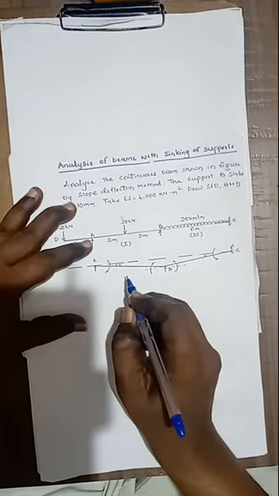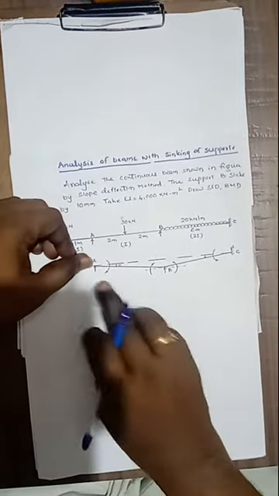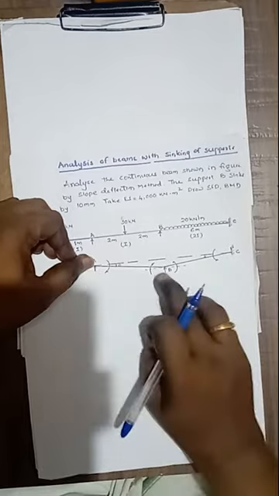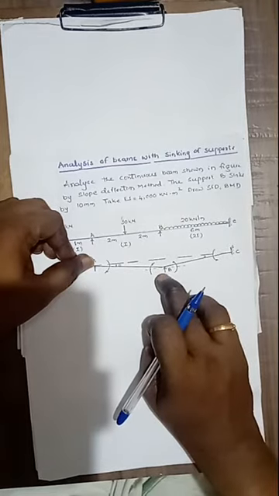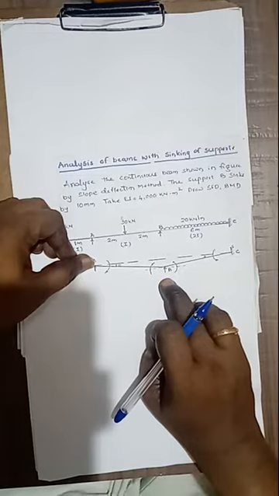First you have to remember the sign convention. With respect to A, if B settles in the downward direction, delta is positive.